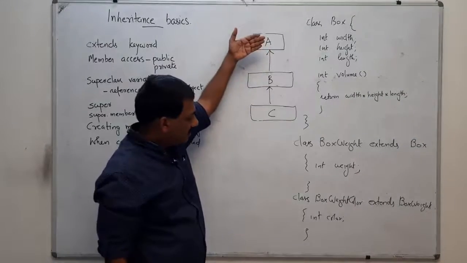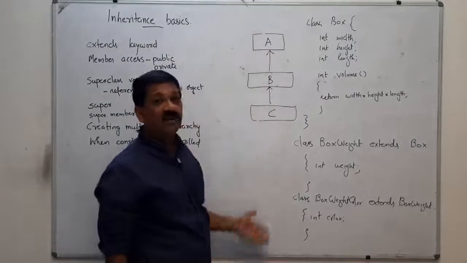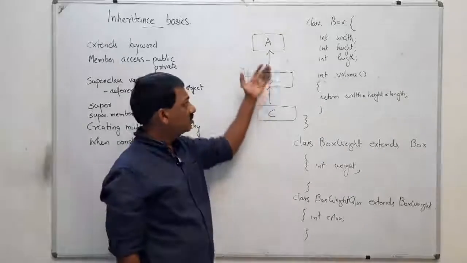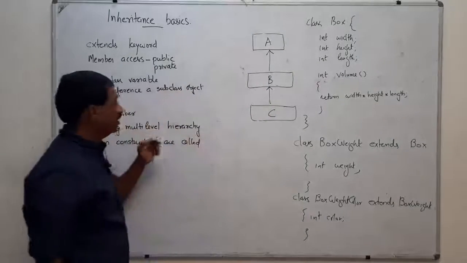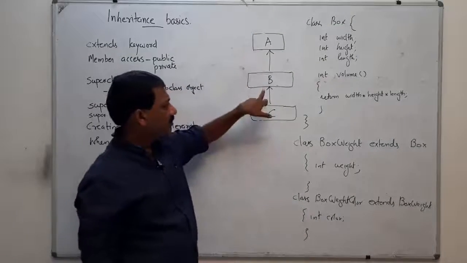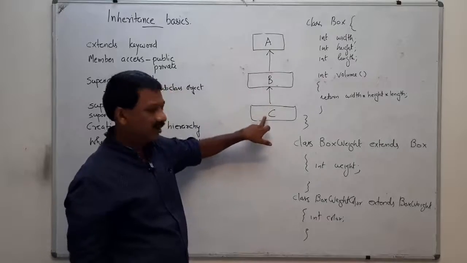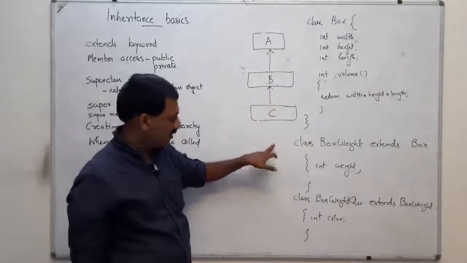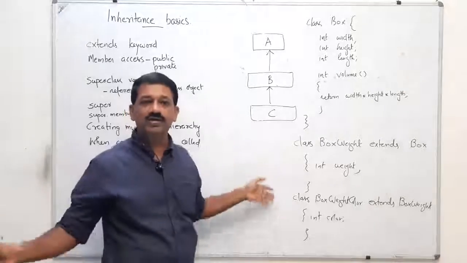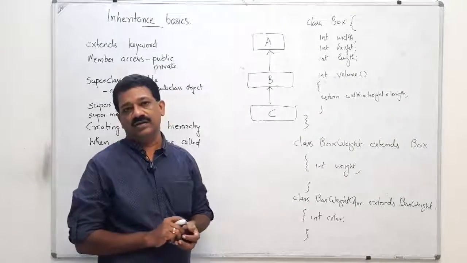So you can have a multi-level hierarchy. That means from A to B to C, from C you can create another subclass, from D you can create another class, to any extent.